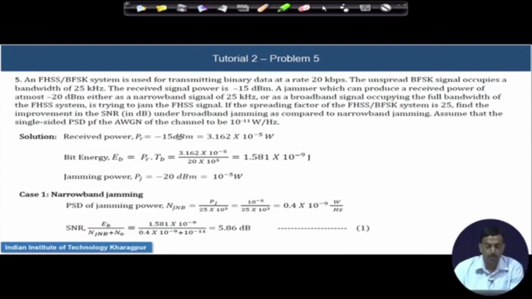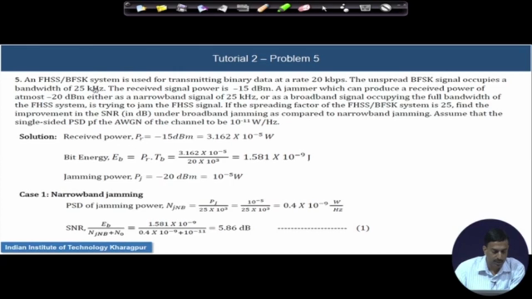So it shall turn out that the SNR for the wideband jammer is going to be better than that of the narrowband jammer. There is going to be an improvement, so we'll see that.